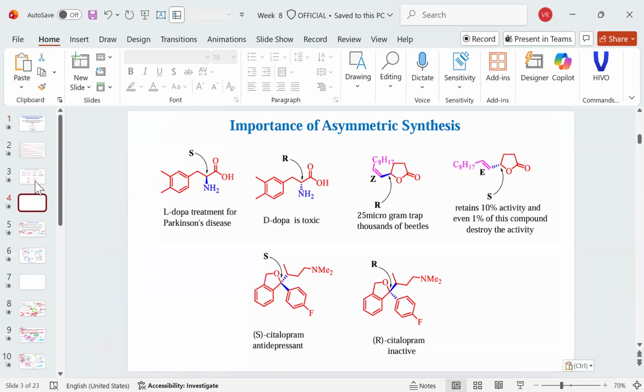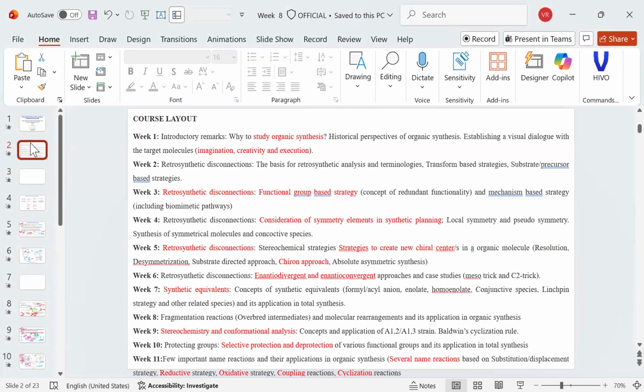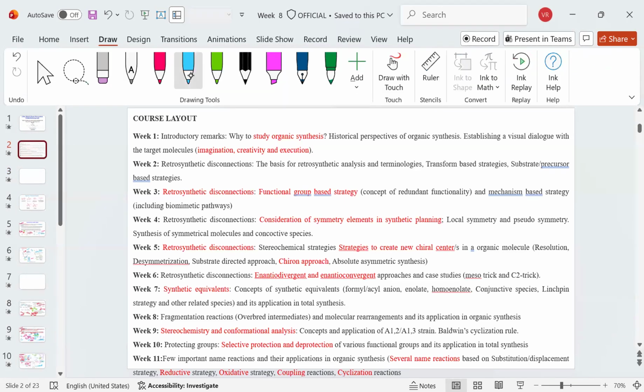Before we start our session, do you guys have any doubt regarding the topic covered by the professor, or regarding the basics in this retrosynthesis? We have already covered in week one why retrosynthesis is important and its historic perspective in organic synthesis, and also saw some of the terminologies used in retrosynthesis, mainly the disconnection approach and functional group interconversion.